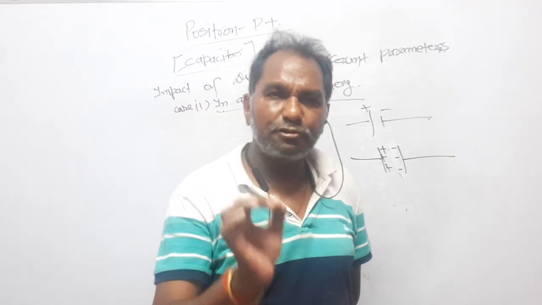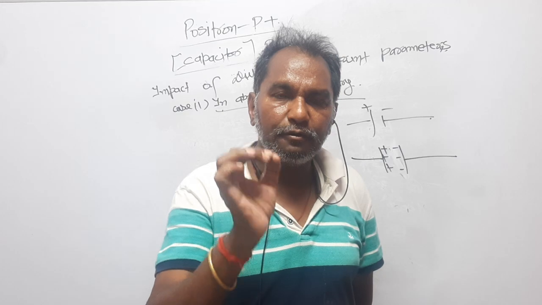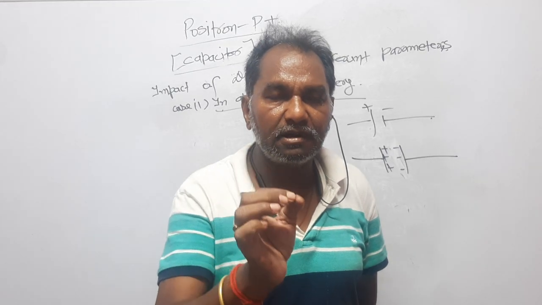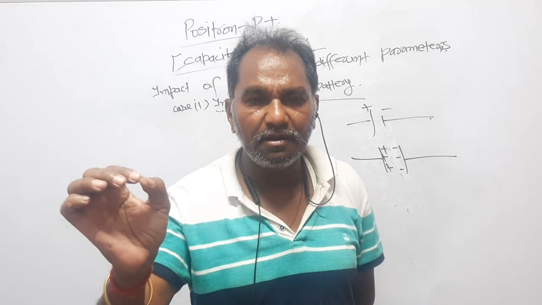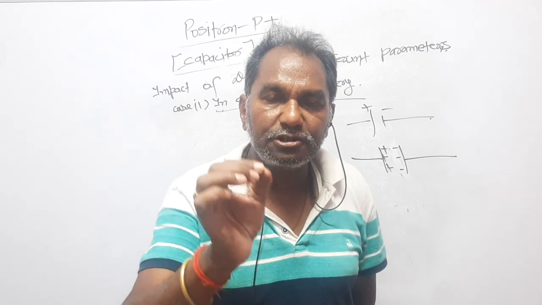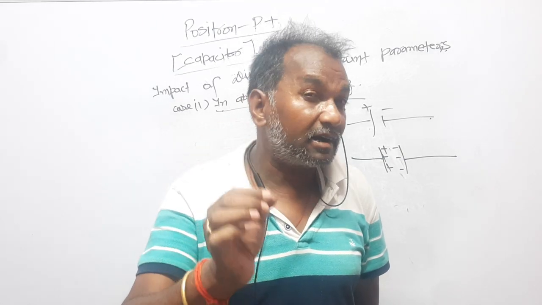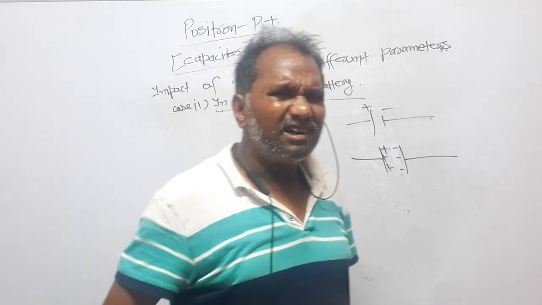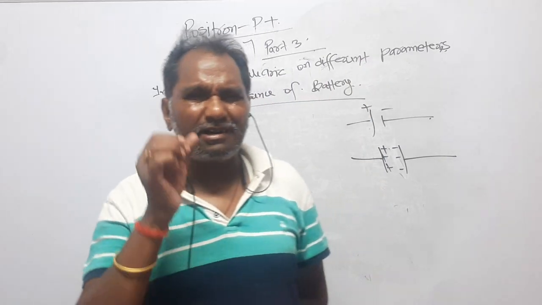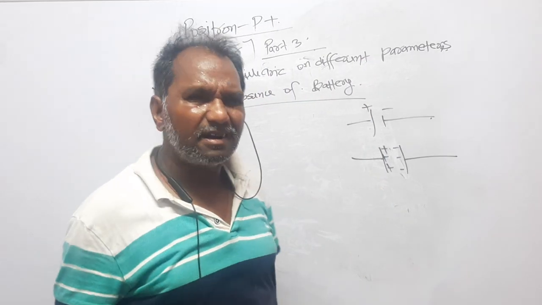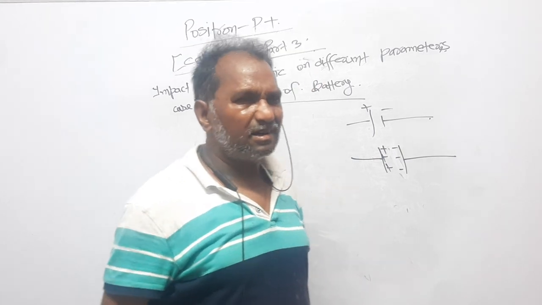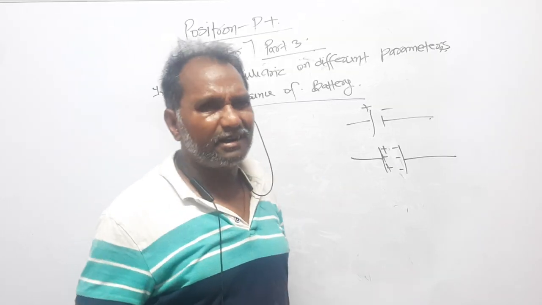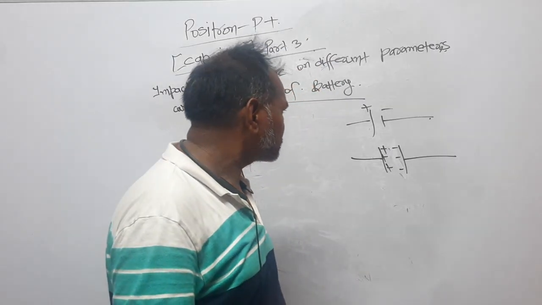The direction of flow of positive charge represents the direction of current in the wire, and the current is opposite to the direction of flow of negative charge, right? We'll talk about current and electricity in the next chapter, then I'll talk at length about all these factors.